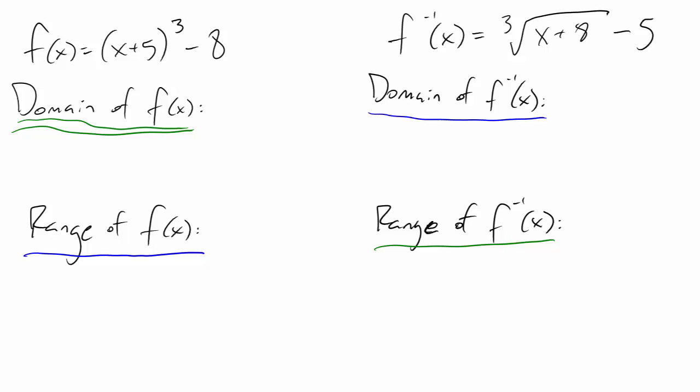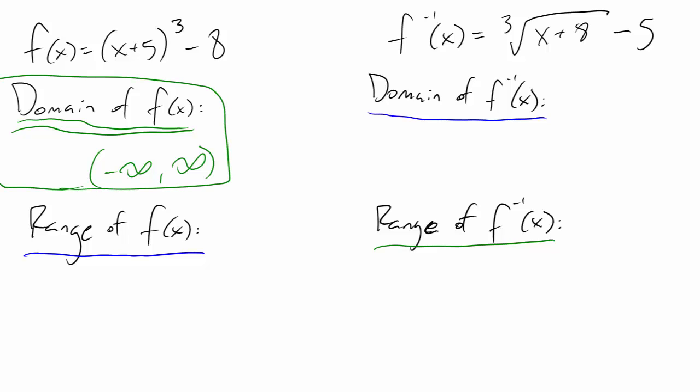The cube doesn't have any restrictions on numbers that we're allowed to raise to the third power, neither are there any restrictions from subtracting 8. So our domain for f of x is going to give us all real numbers, that is just negative infinity to infinity.